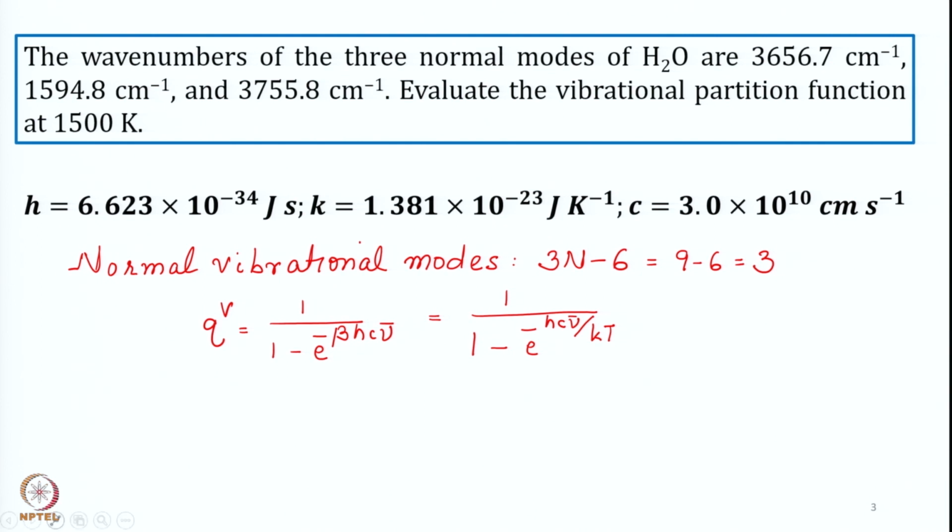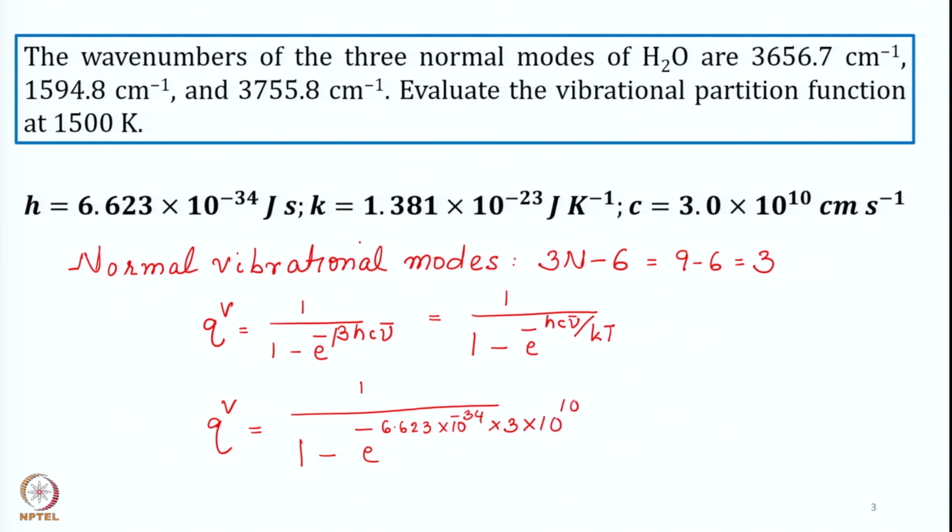So, Qv is equal to 1 over 1 minus exponential of minus 6.623 into 10 raised to the power minus 34 for h, into c, 3 into 10 raised to the power 10.